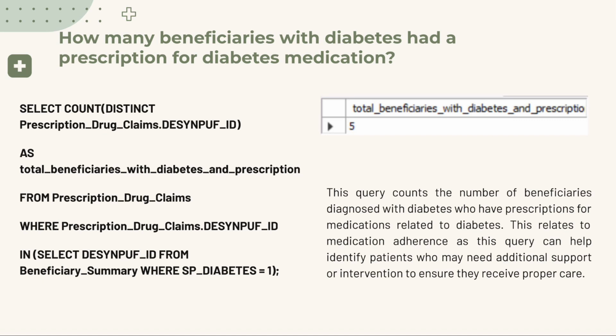The main query uses the prescription drug claims and the beneficiary ID to count how many of these beneficiaries have prescriptions listed in the drug claims table. We use the count distinct function to ensure that each beneficiary was only counted once, even if they have multiple prescriptions.